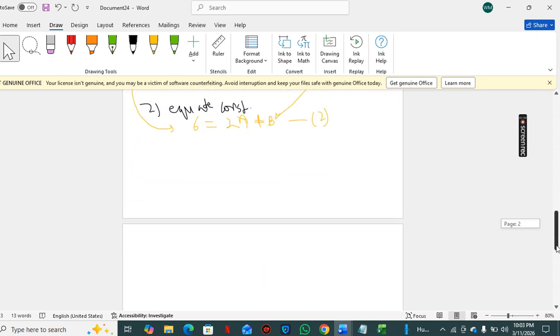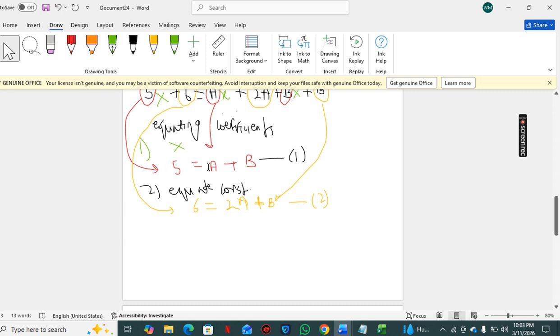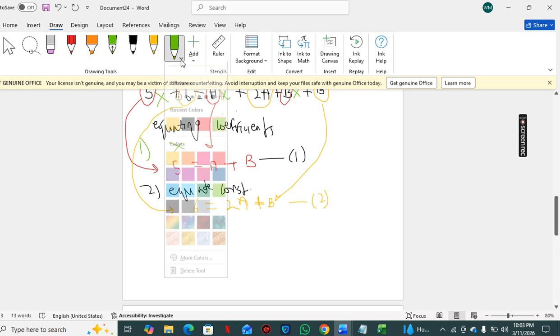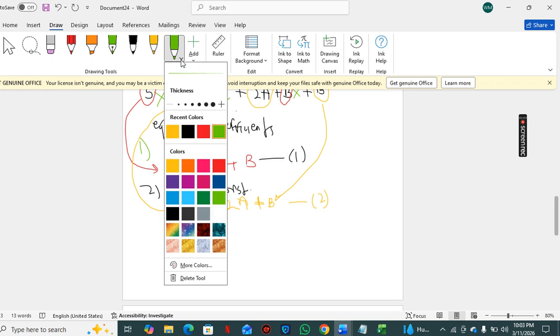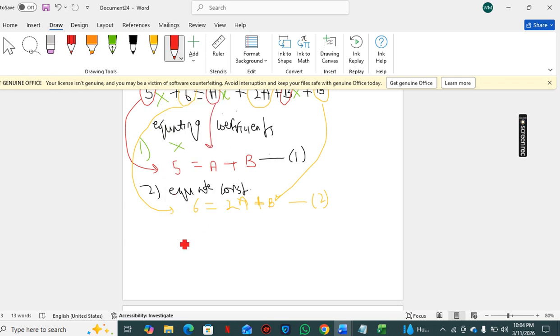So I'm going to say, let's start with equation 1. Dealing with equation 1, we say let's make A the subject of the formula. So to make A the subject of the formula, you're just going to take this B over this side.